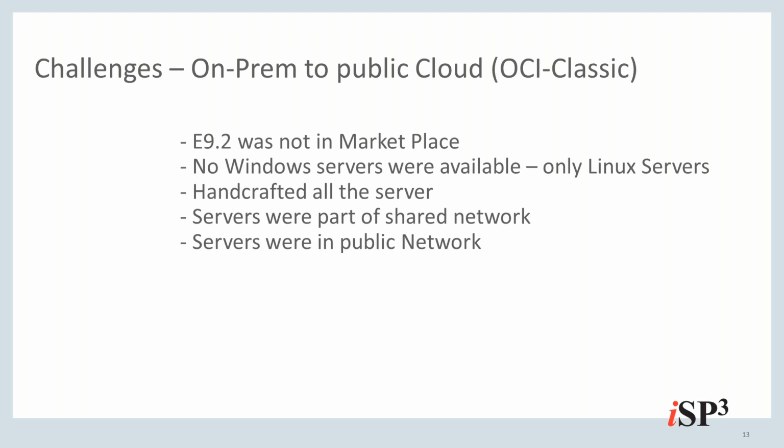However, EnterpriseOne images were not on the marketplace, and there was no Windows support back then, only Linux servers. So we were playing around with the configuration and working closely with Oracle to get the Windows image into the cloud so that we could use Windows for the deployment server.